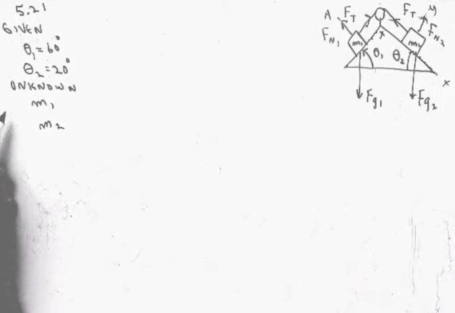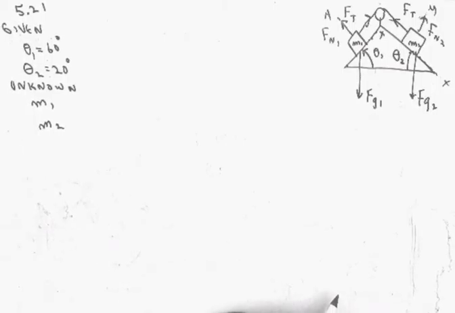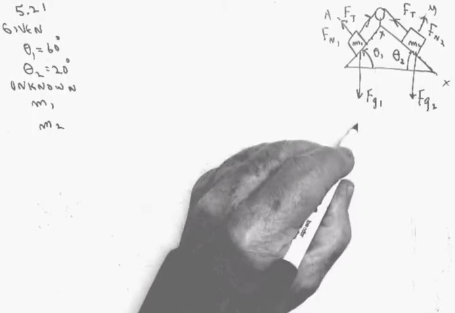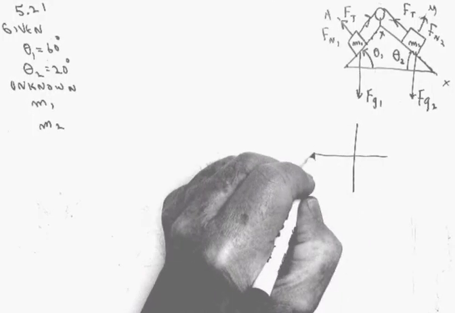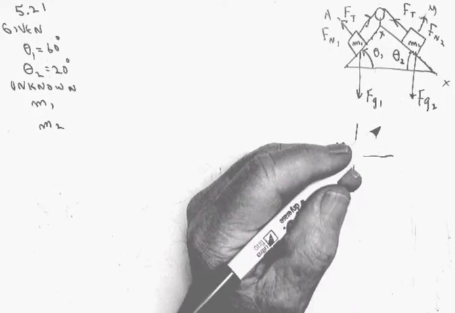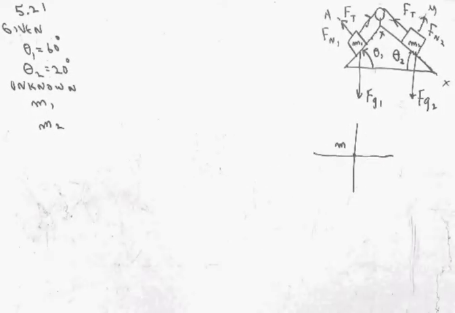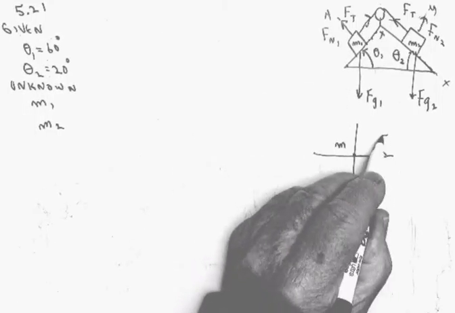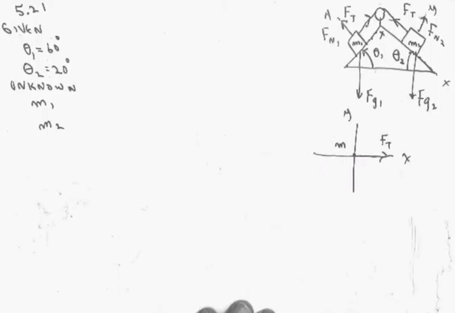All right, now in order to be able to really work with these, we have to draw the free body diagram for both masses. So I'm going to start off with mass 1, the one on the left, and show its forces. It's going to have a force up the incline of Ft. This is the x-axis, this is the y-axis.